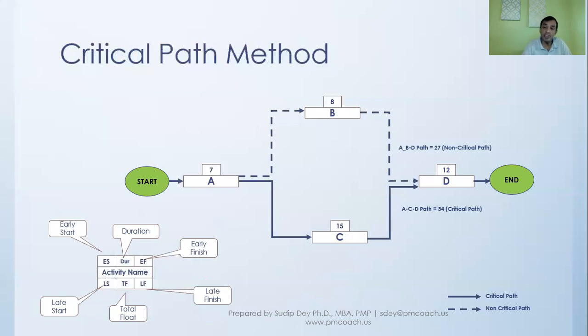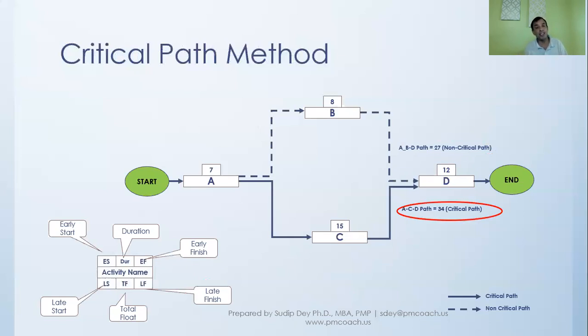So, which is the critical path? For example, ABD, which is 27 days, is a non-critical path, and we are saying that ACD is the critical path. Why? Because the longest path is the critical path. In other words, we cannot do this project in less than 34 days, because ACD is back to back.